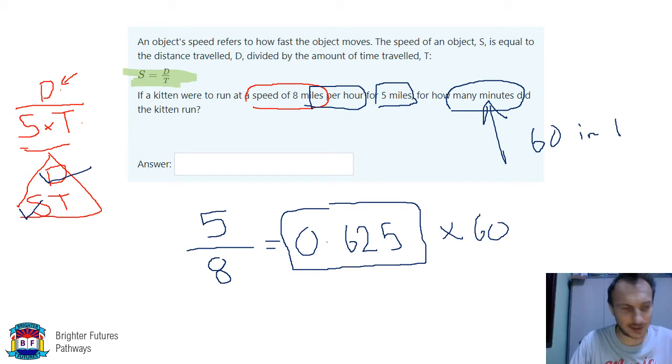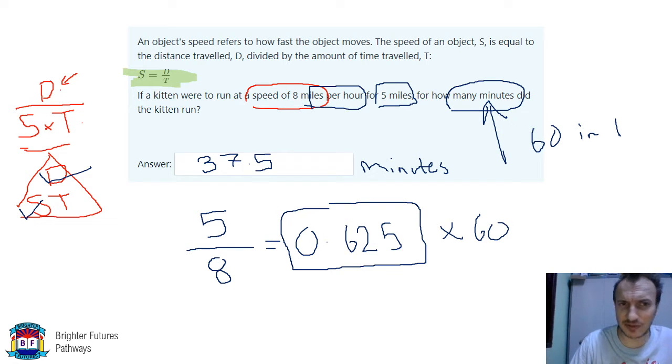And so the answer that we get is 37.5. Now, it doesn't tell you to round it, so we just leave the answer as 37.5. You never need to write the units in the exam. It would say the units outside the box. In the box, you just need to write the number. So the number is 37.5.